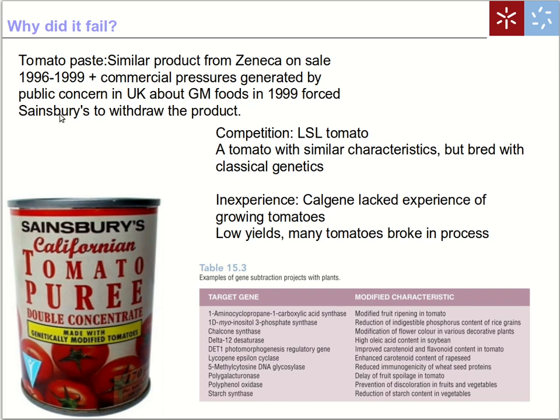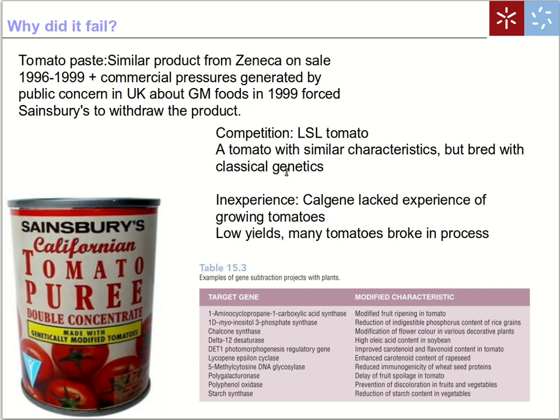Around the same time, a competing tomato called the LSL tomato with similar characteristics was also marketed, and this one was made with classical genetics, so you didn't need to add this label to the cans.